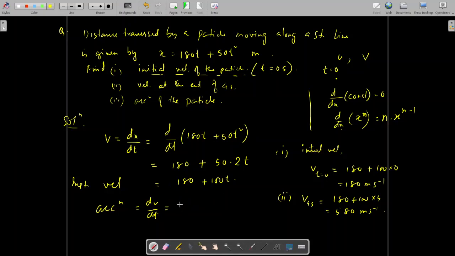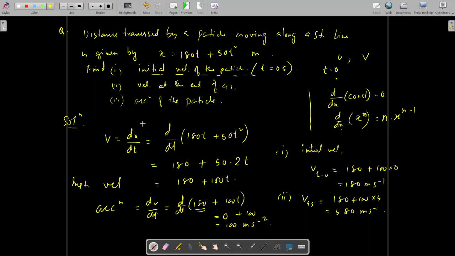So if you differentiate it, the constant term will be equal to 0 and you get 100. So your answer is 100 meter per second square. So it was a simple one and I hope it is clear to you.